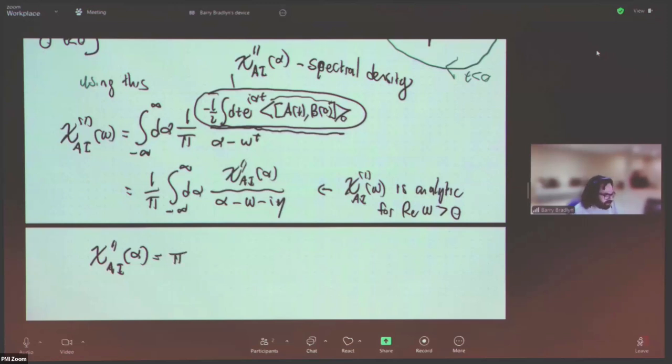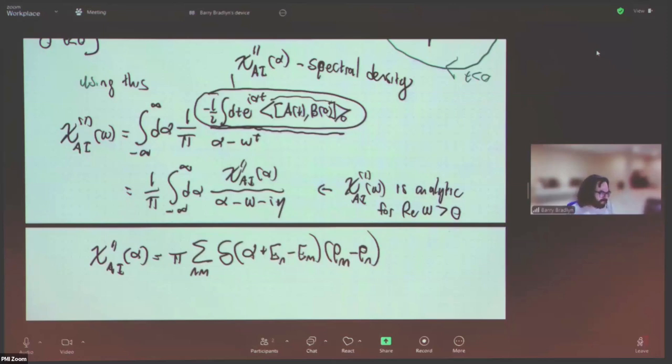If you follow out all the algebra, what we get is that the spectral density is a sum over delta functions, difference of probability of being in various states, and then transition matrix elements of A and B between those states.